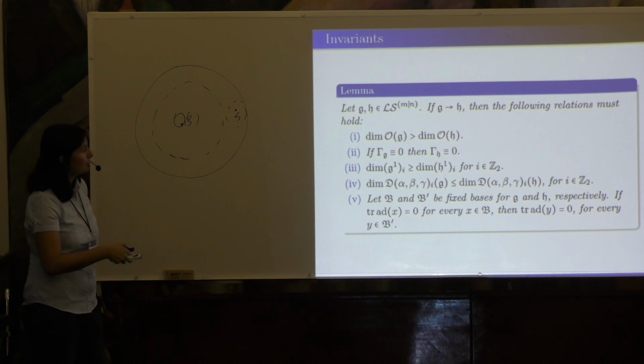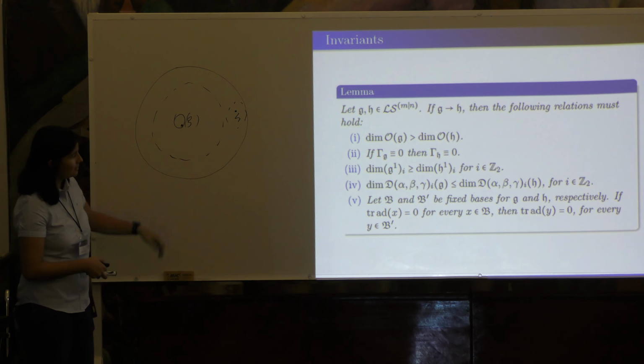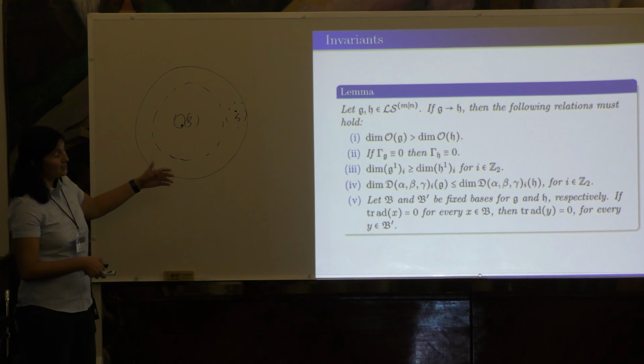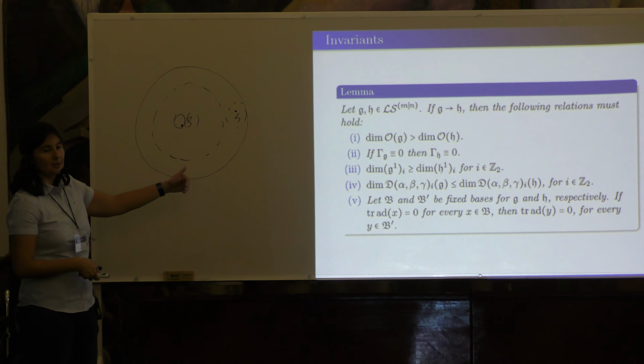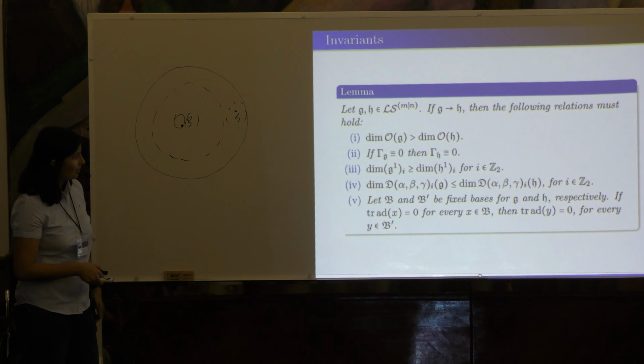The dimension of the derivation algebra must be greater. The dimension of the generalized derivations, alpha, beta, gamma derivations, also must be greater. And we also have this invariant.